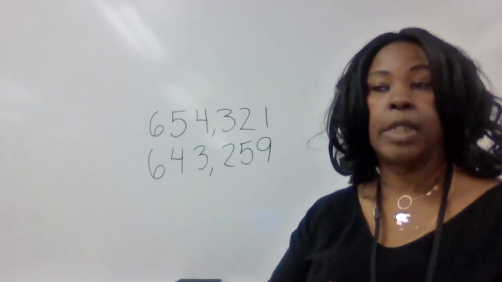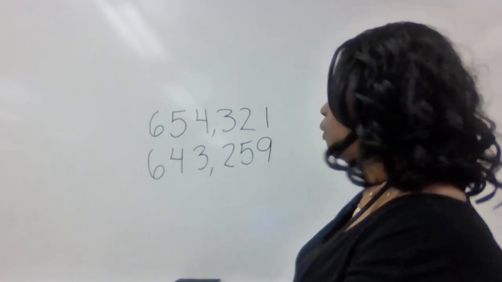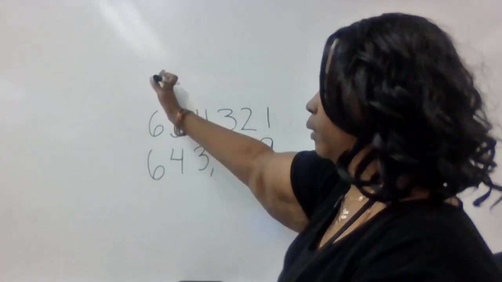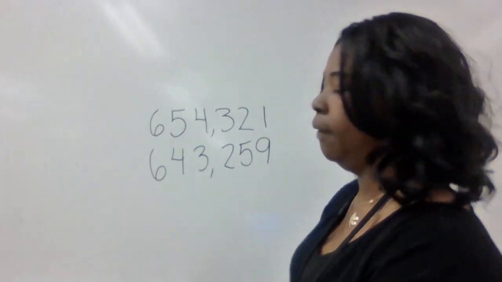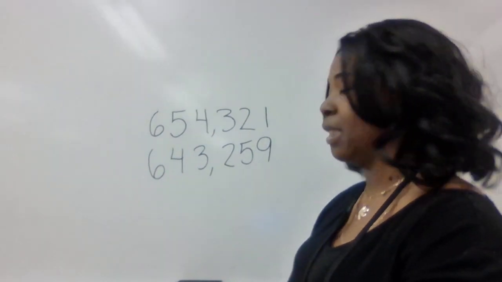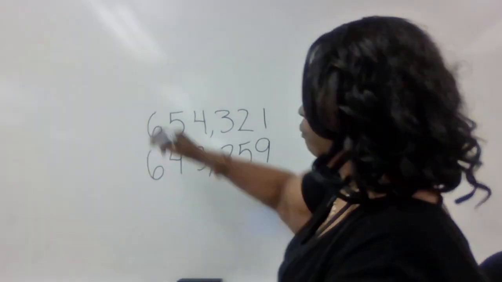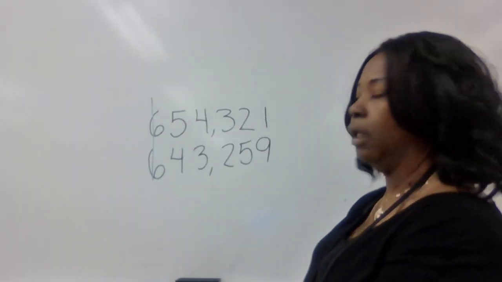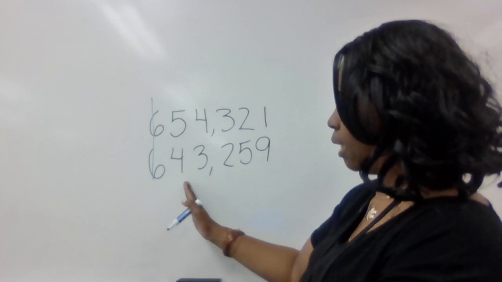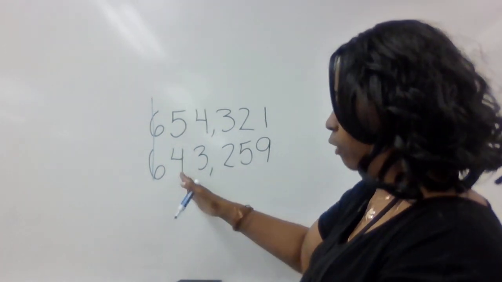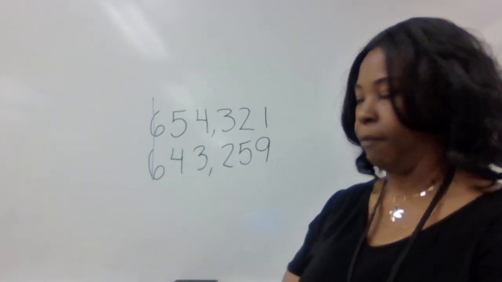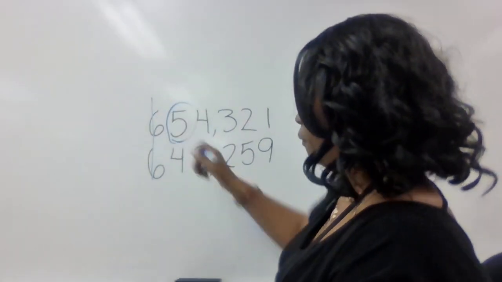And we're going to compare these two numbers. And this is how we're going to compare. We always start with the largest place value, and they're in the 10,000s place, and they happen to be the same number. So the scholars know, draw a straight line. Go over to the next column. You have a 5 and you have a 4. Well, which one is larger, 5 or 4? Of course, the 5 is.